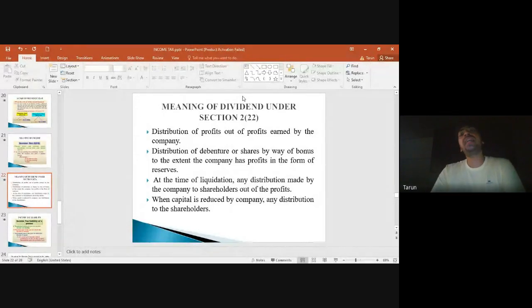Under the Income Tax Act, it depends on the rules, because the rules change according to time. So when these particular topics occur in the calculation, we'll explain separately on that.